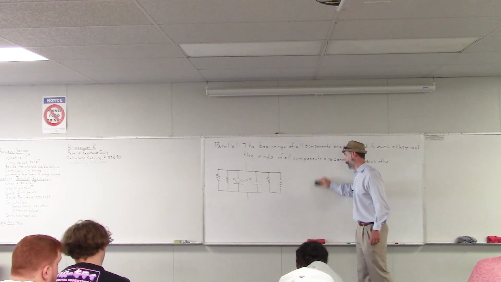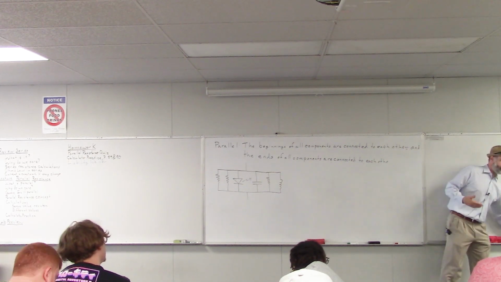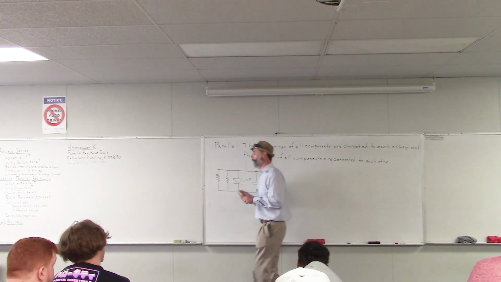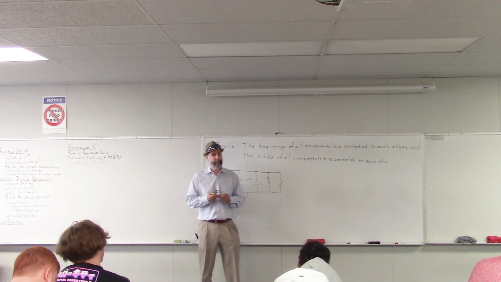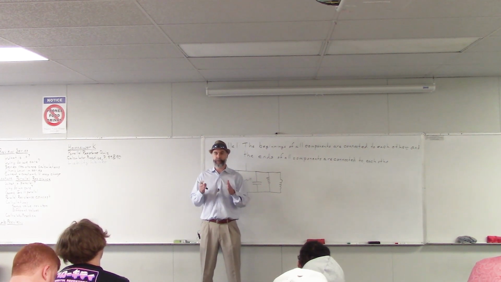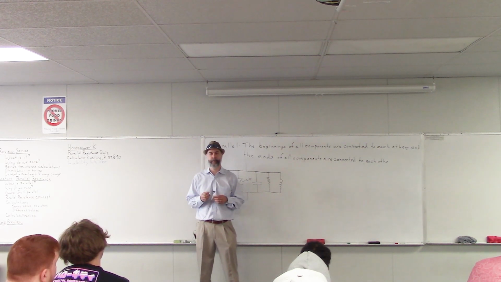Kind of makes sense, right? It's sort of logical, intuitive. But with parallel resistance, the opposite is true. In parallel, the more resistors you have in parallel, the less resistance you have overall.